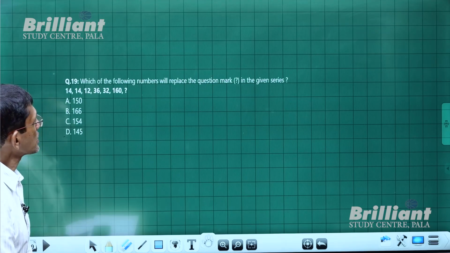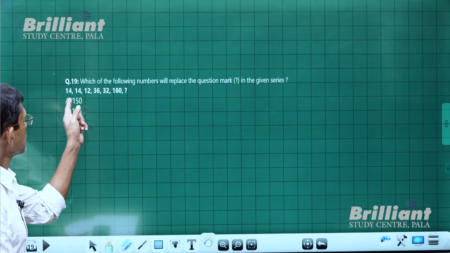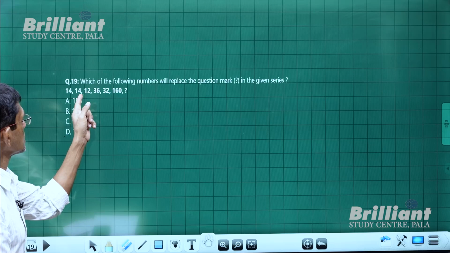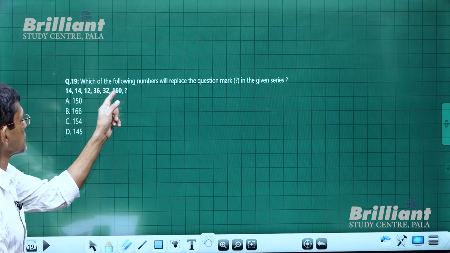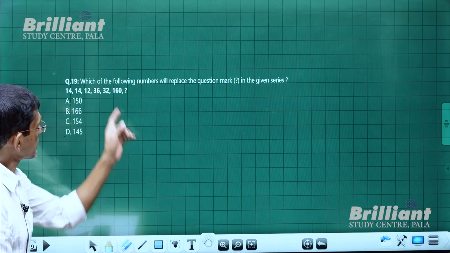Number 19. Which of the following numbers will replace the question mark in the given series? Here we have 14, 14, 12, 36, 32, 160, and a question mark.